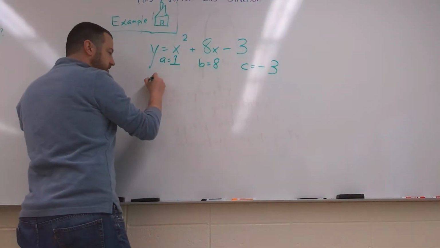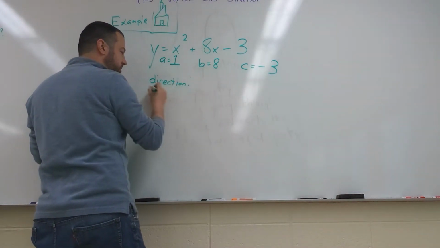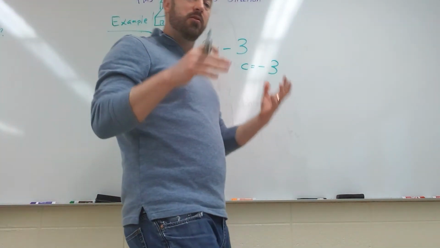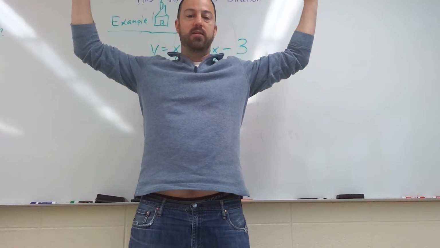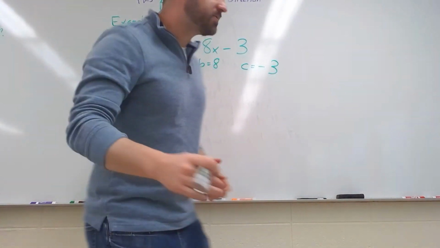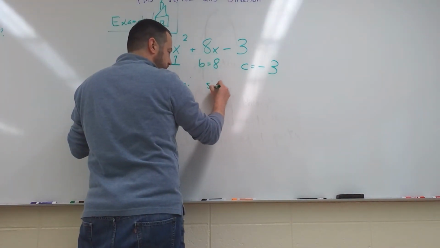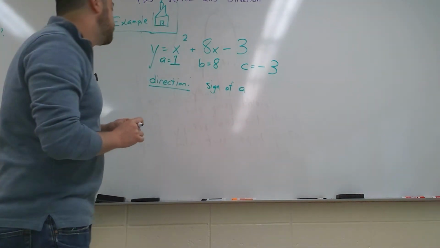So the first thing is our direction. And the only thing we're looking for when we find the direction is, is our graph going up or down? Your up is a parabola like this. Your down is a parabola like this, your upside down U. And all you have to look at is the sign of a, like I said before.